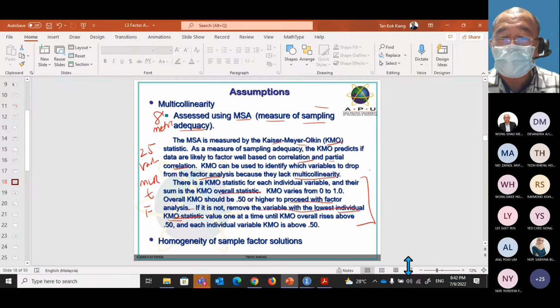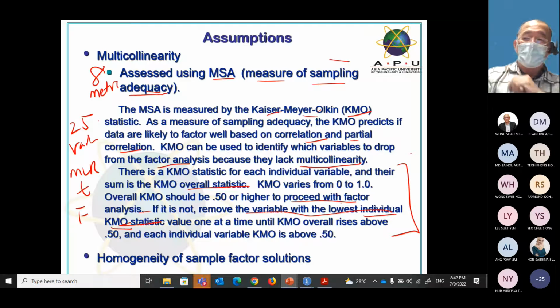So, homogeneity of sample factor solution. It means we try to make sure that each group is similar. Example, let's say you got two groups, male and female. You may make it become two groups.